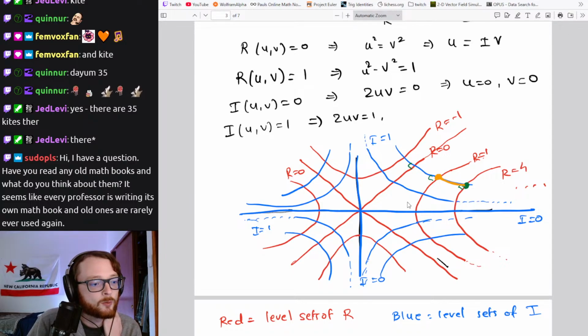Have you read any old math books, and what do you think about them? It seems like our professor is writing his own math book, and old ones are rarely ever used again. I have not read an old math book. Like, how old do you mean? Do you mean like Euclid's Elements old, or do you mean like 50s old?